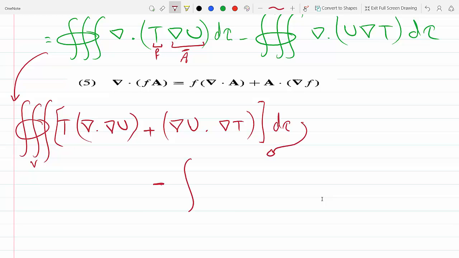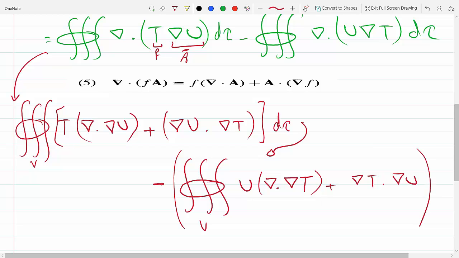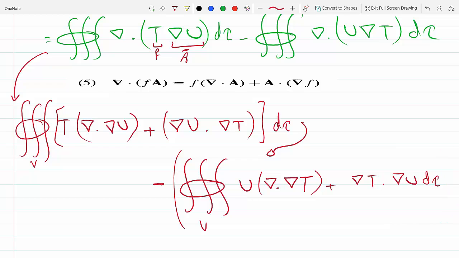So minus, we will get U times the divergence of the gradient of T, there's no dots here, plus the gradient of T dotted with the gradient of U, and there's a minus sign, I'll distribute it in a second, and this whole thing is d tau.